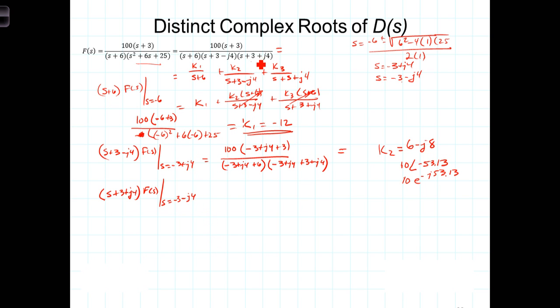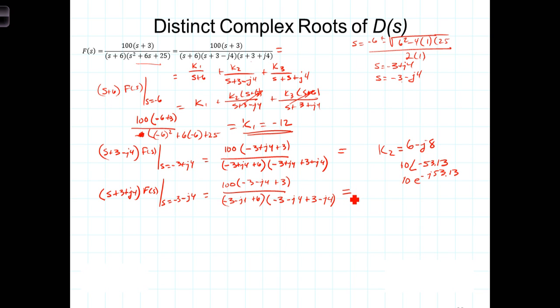And when we do that, the s plus 3 plus j4 term will cancel, and we're left then with, in the numerator, 100 times s, but s is negative 3 minus j4 plus 3, divided by s plus 6, that's negative 3 minus j4 plus 6, times, now this second term is still there, s, which is negative 3 minus j4 plus 3 minus j4, and then this term again is canceled.